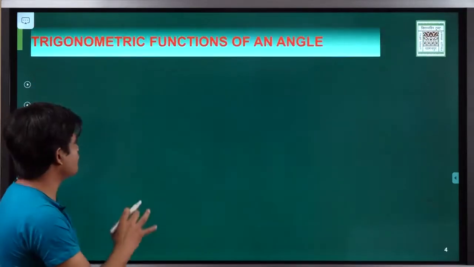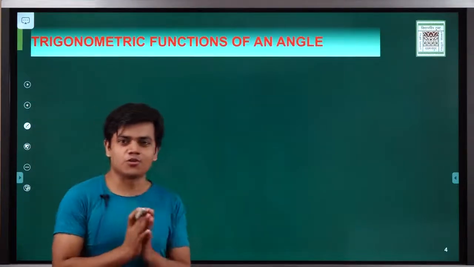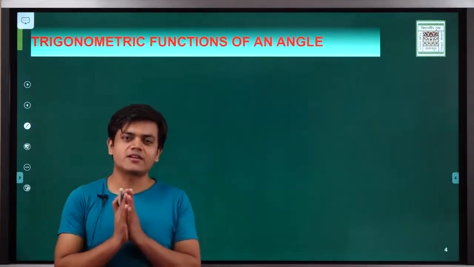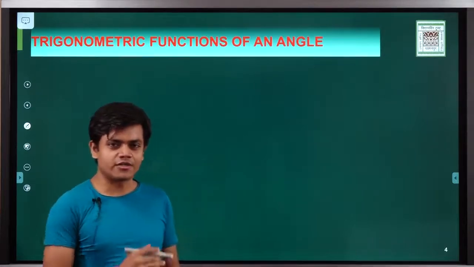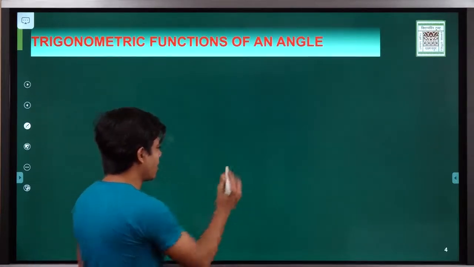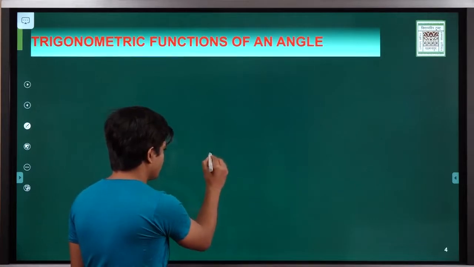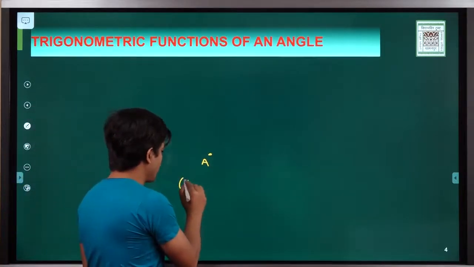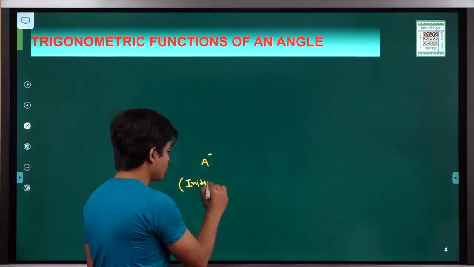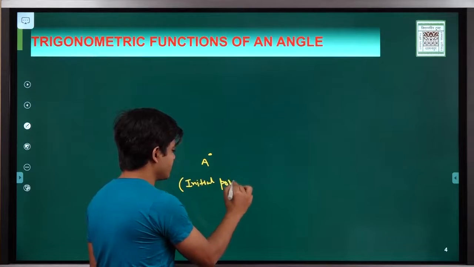So first of all, trigonometric ratios. How can we discuss the idea behind the trigonometric ratios? For that, I would like to put a point over here. Say this point is A, call it an initial point.